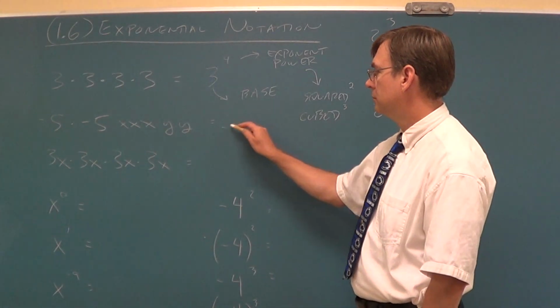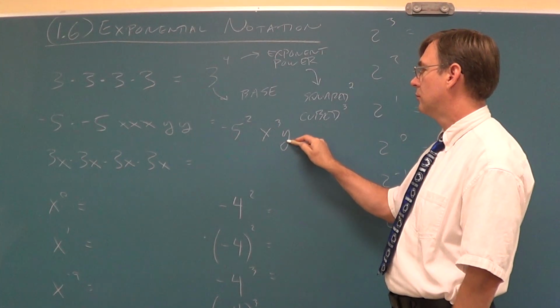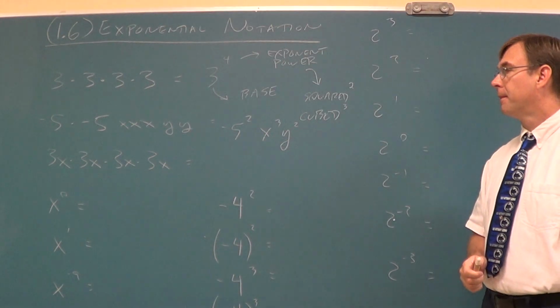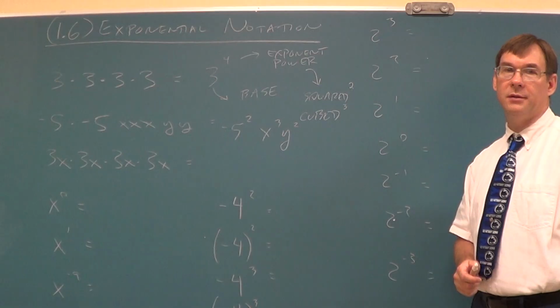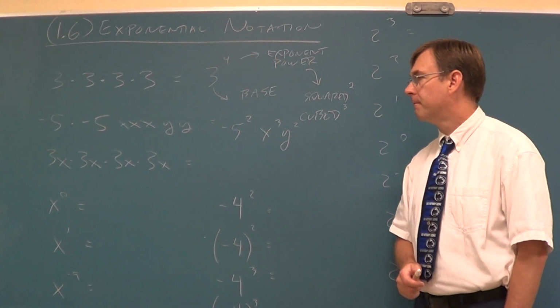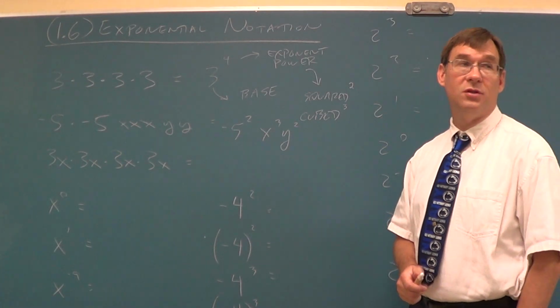-5 to the second power times x to the third times y to the second. I almost agree with that. Anybody have a slight modification? Would it just be 5? No? I have to wrap the -5 in parentheses. You do.